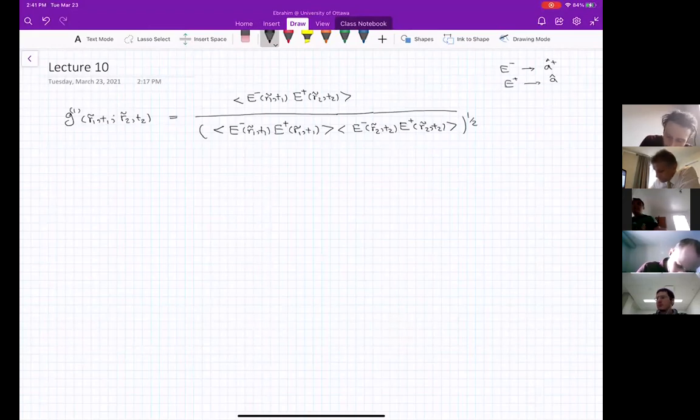If you remember, R1 and R2 in our formalism were the up beam and down beam.